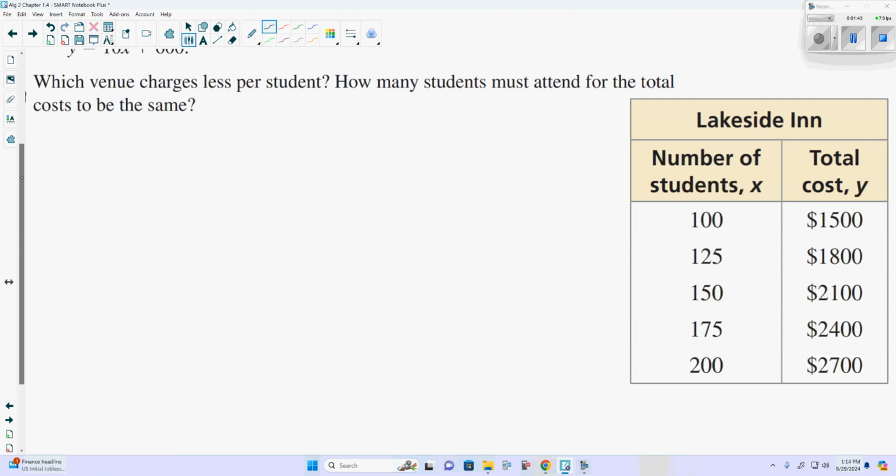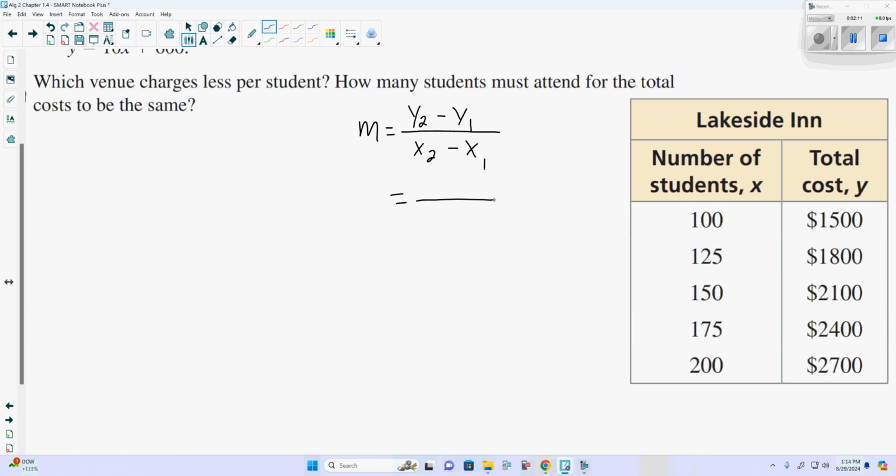So the first thing we can do is find the slope of Lakeside Inn. We can use our slope formula, y2 minus y1 over x2 minus x1. At this point we just need to pick two points from our table. So what's one of the y values we want to use?